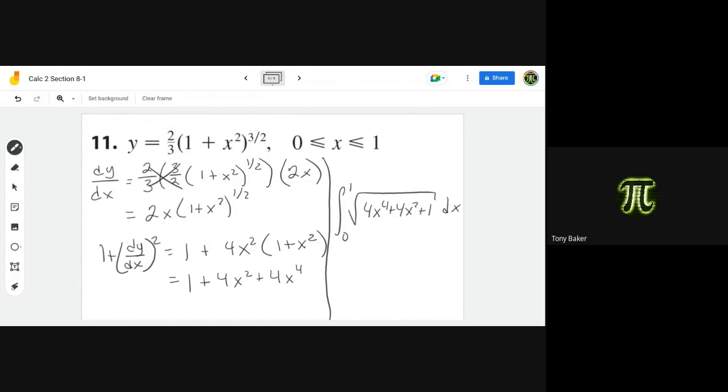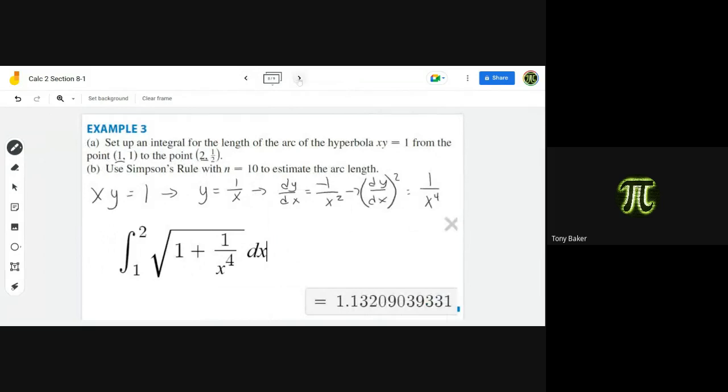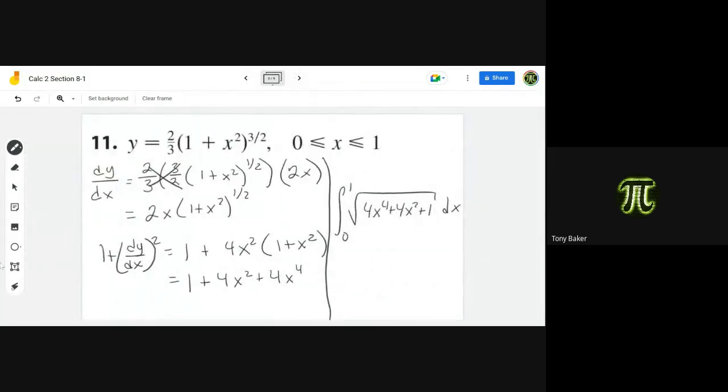Yes. How did you get +1 on the left side? Because under the square root, it's 1 plus dy/dx squared, in the arc length formula. I just, instead of doing the squared and then doing the 1 afterwards, figured I would do it together, saving some space.